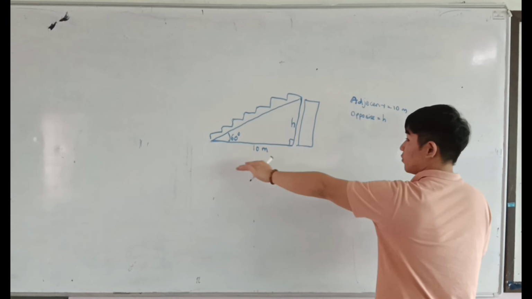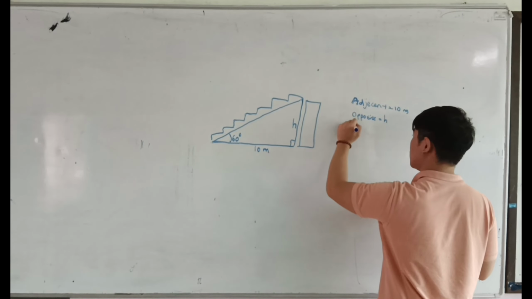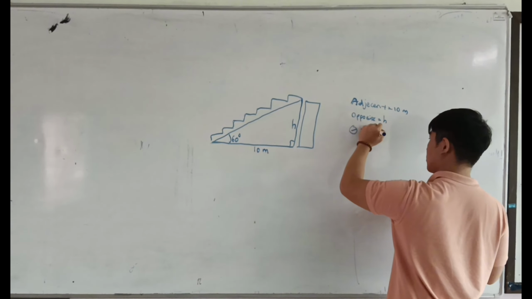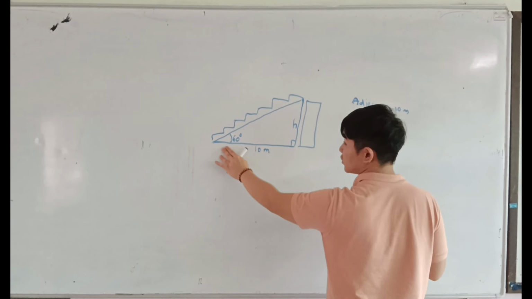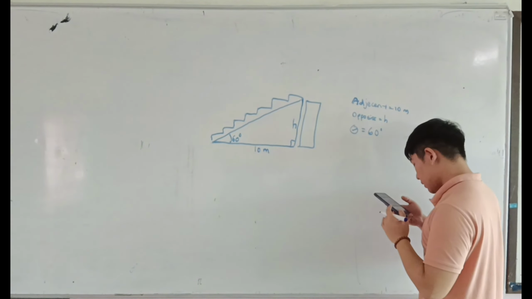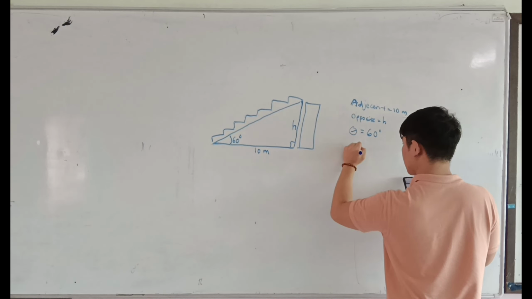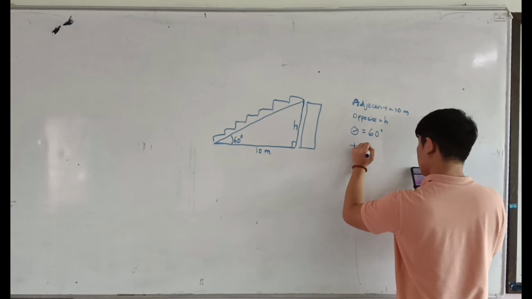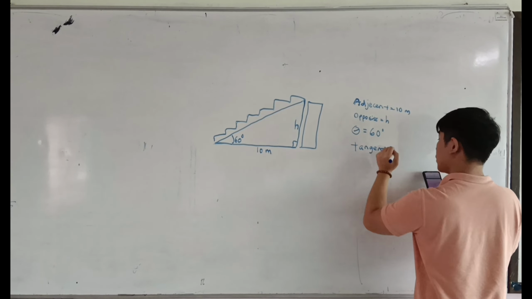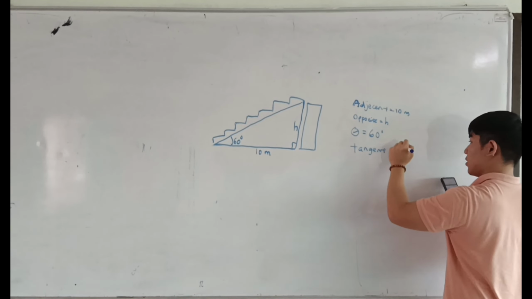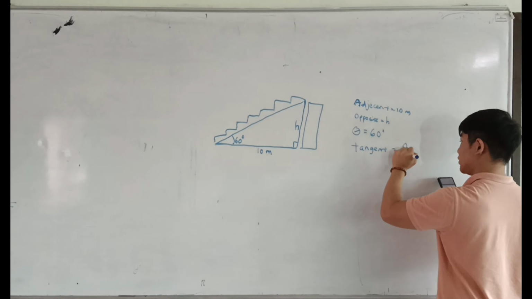First, you already know that our angle is 60 degrees, just by looking at here, 60. And now we are using the tangent formula, which is opposite over adjacent.